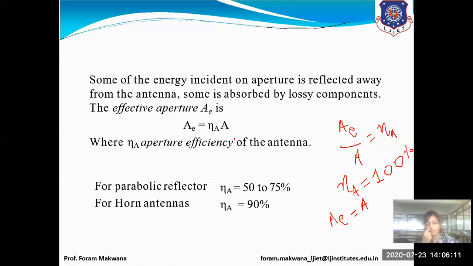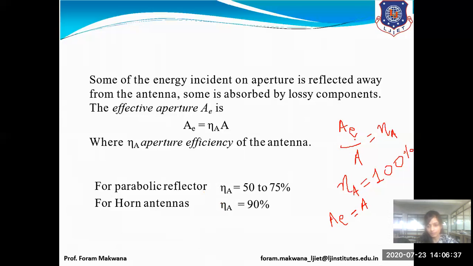So from this, we can conclude that the aperture efficiency of a horn antenna is higher as compared to the parabolic reflector, or you can say dish antenna. That means its effective aperture is nearly equal to its physical aperture.